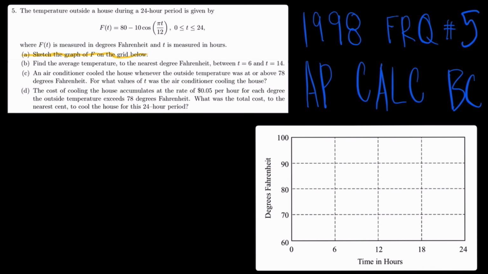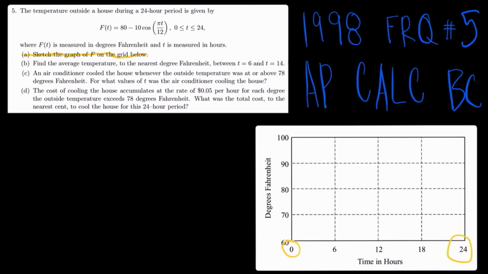And to do this, really, this isn't too hard. I think I'll just first plug in my endpoints for t into the function, because I think 0 will help as we end up with cosine of 0, which is 1. So that simplifies things a lot. And at t equals 24, where we will have 2 pi.